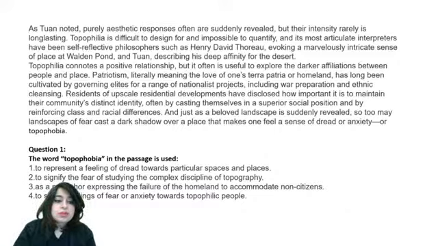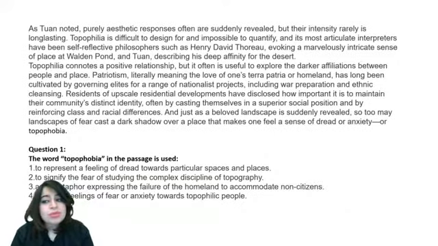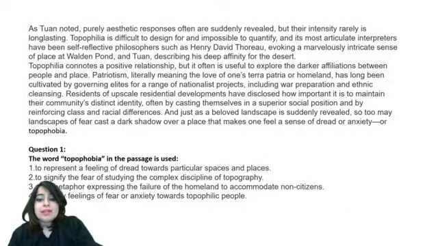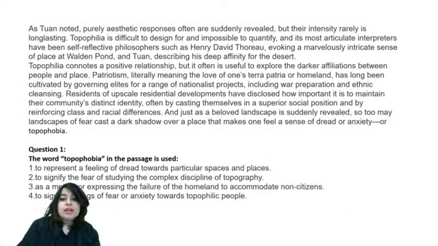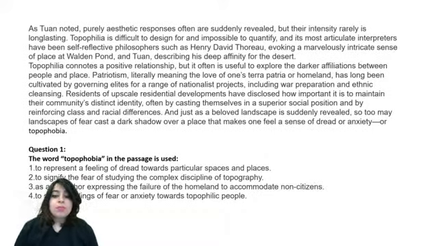When it comes to this question, the passage was the simplest of all the passages, I would say. And the answer to the first question can easily be found in the passage itself. It has been mentioned in the last sentence, where the author introduces the idea of topophobia.